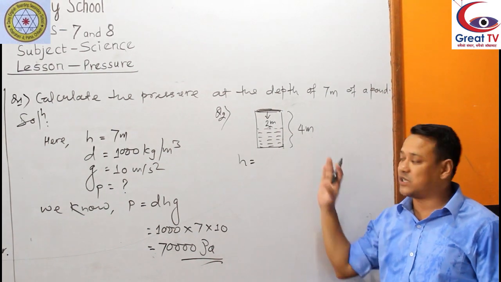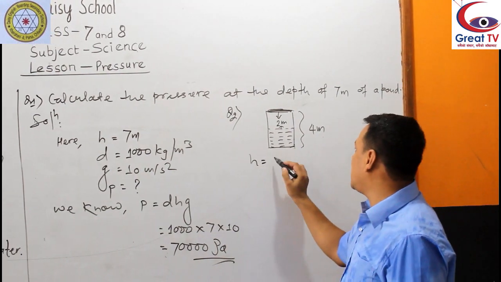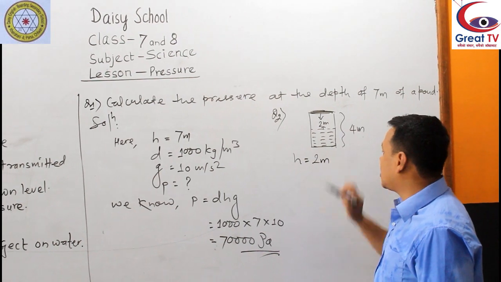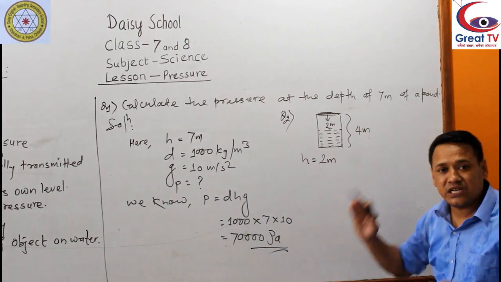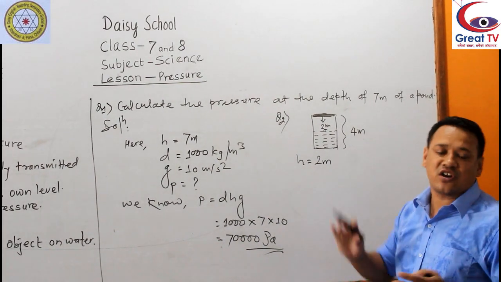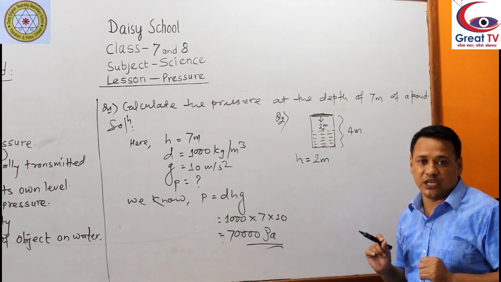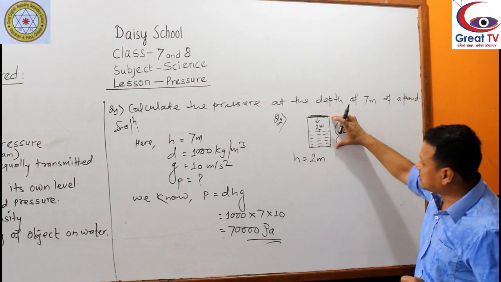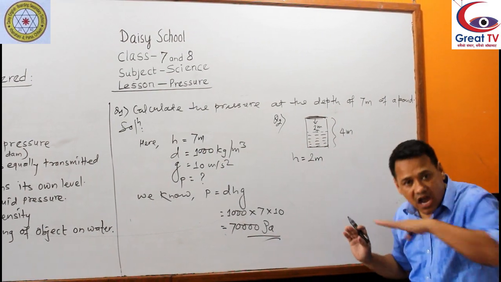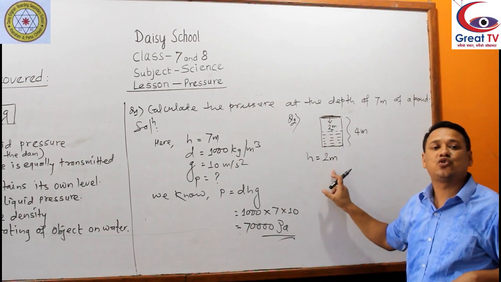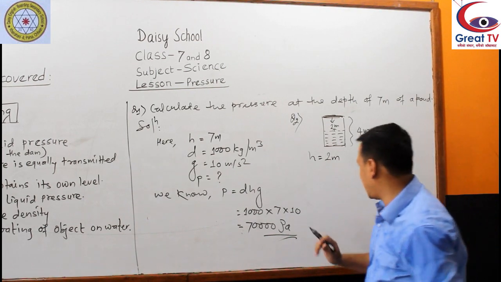Half of the 4 meter is 2 meter. Height is 2 meter. Don't forget, we need only the height of the liquid, not the height of the tank. Only the depth of the liquid. So it is 4 meter height, but the tank is only half filled. That's why we have to use 2 meter.